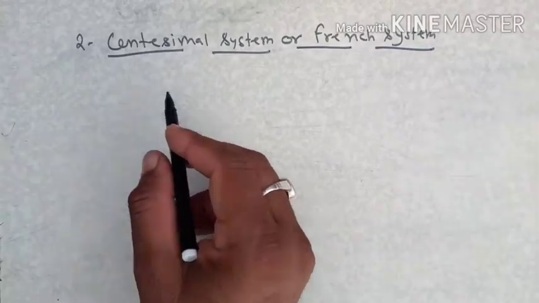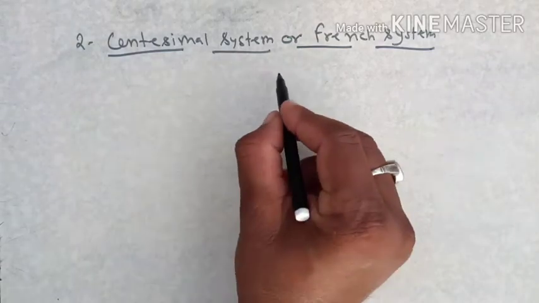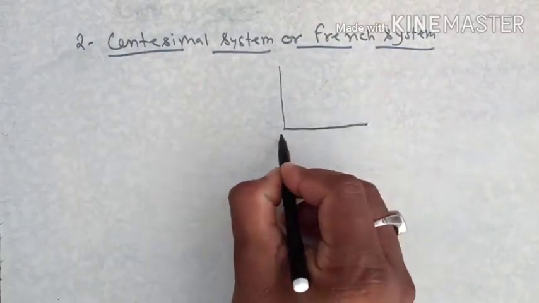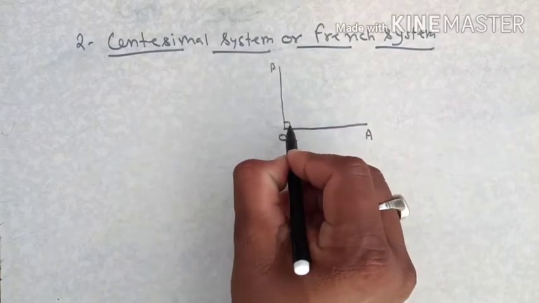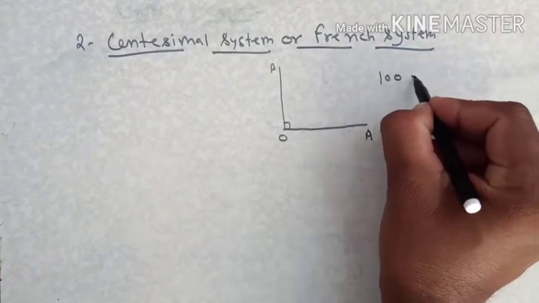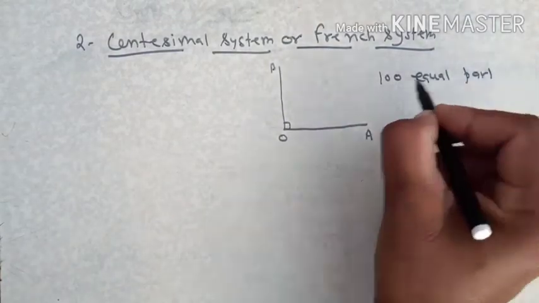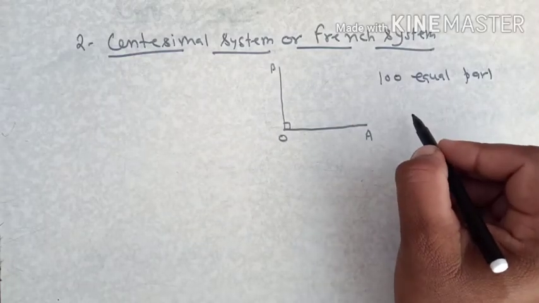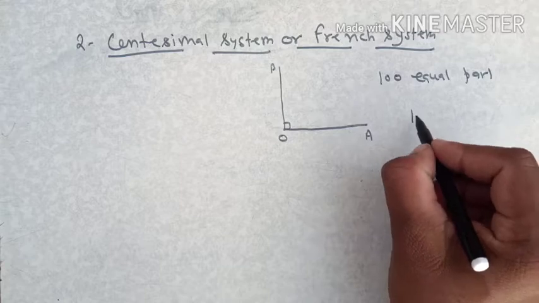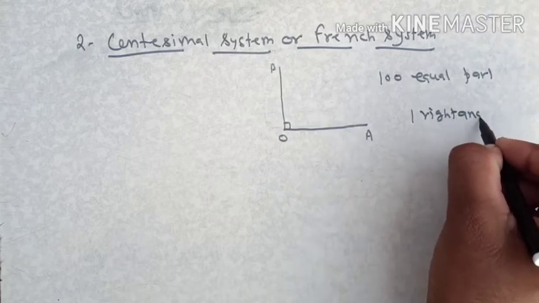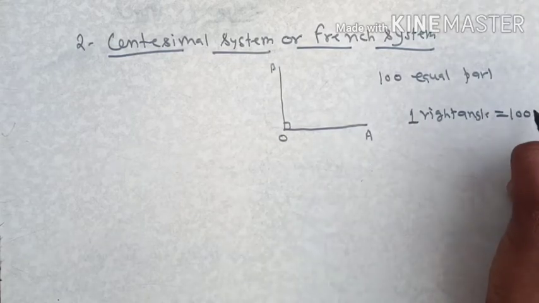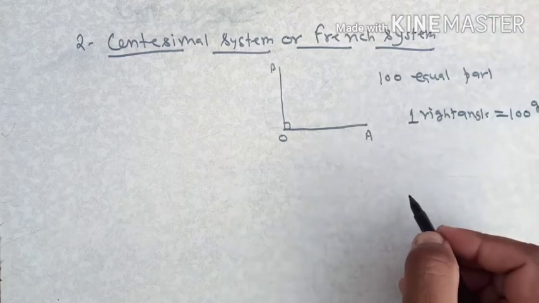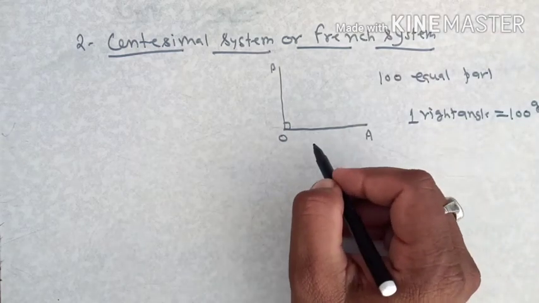Second system of units, centesimal system or French system. In this system, one right angle is divided into 100 equal parts. Each part is called 1 grade. So one right angle is equal to 100 grade. 1 grade is again divided into 100 equal parts.